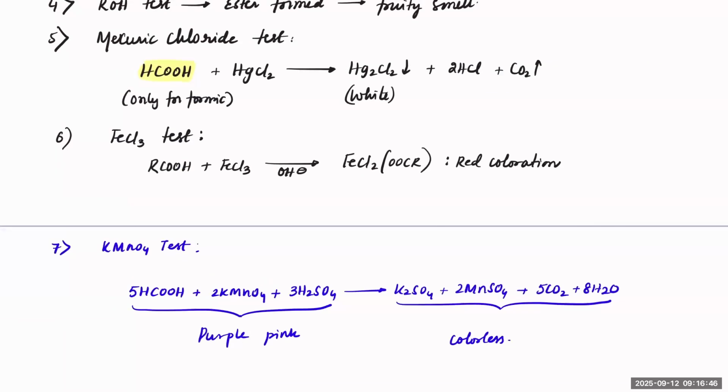Only formic acid can give a white precipitate of Hg2Cl2. If we treat with FeCl3, FeCl3 can get attached with RCOO minus and give a red coloration. With carboxylate, it will form a complex, which is a red coloration.